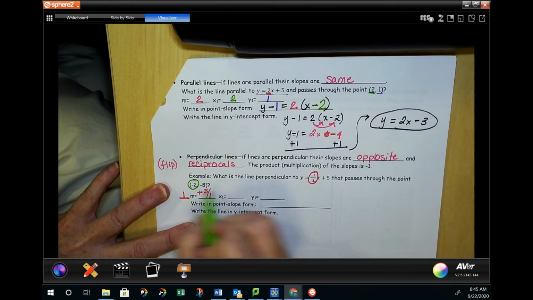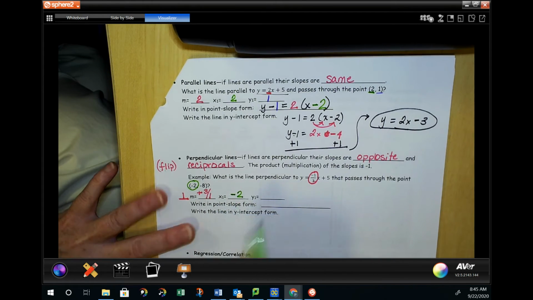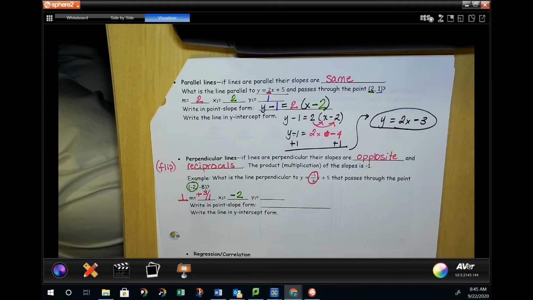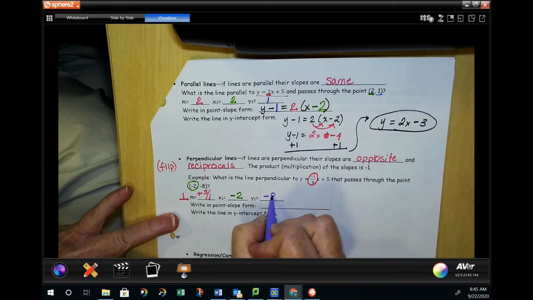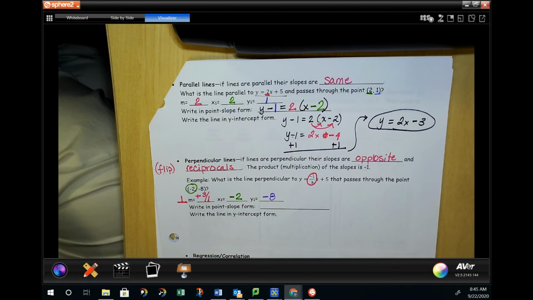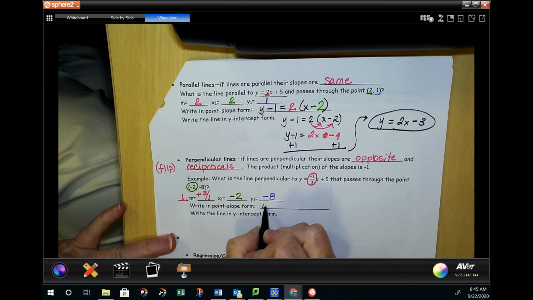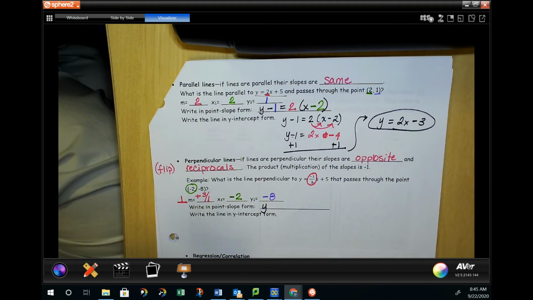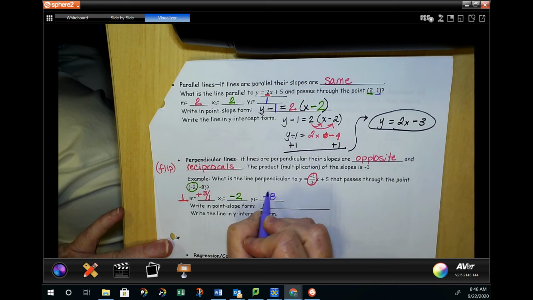So my x1 value is negative 2, and negative 8 is my y1. So you're going to write this in point slope form. So y minus, and then you're going to do the opposite. That minus really just means that that's going to be the opposite of negative 8.